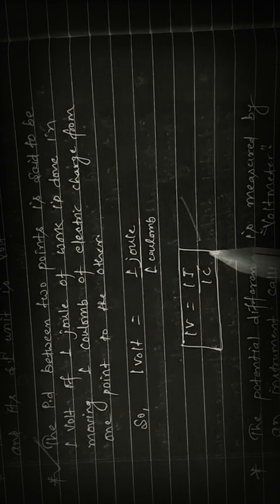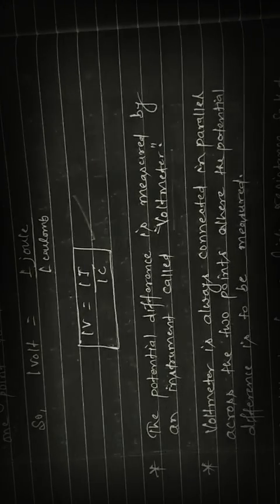This question is very important as it was asked in the 2019 board examination. The question was: define 1 volt. Understood? So 1 volt of potential difference is present between the 2 points when 1 joule of work is done in moving 1 coulomb of charge from one point to the other.